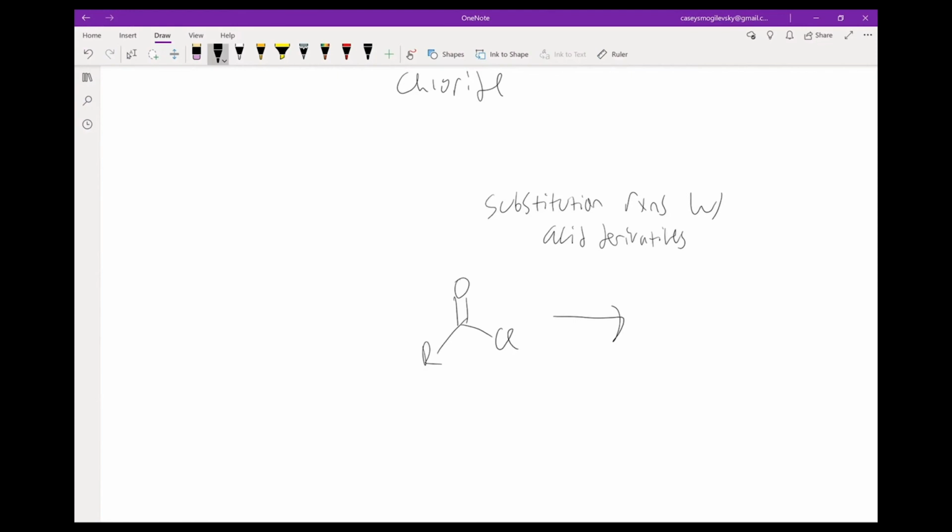Glycine, let's be even fancier. Let's say phenylalanine. So phenylalanine is going to look like this. Oops, I drew that wrong. And let's say that this is a protected phenylalanine.